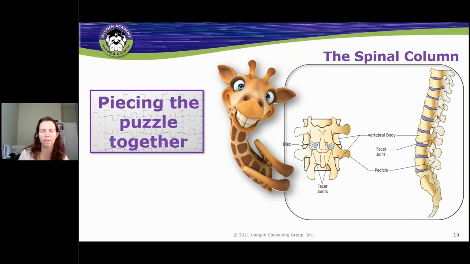So, piecing together the puzzle. This slide shows how individual vertebral segments fit together with the spinal cord and nerve roots like a puzzle. It's really perfectly designed. If one vertebral segment is out of place or has excessive bone growth or the discs degenerate, so there is loss of disc height, the result is impingement of the spinal cord or nerve roots where they pass through the neuroforamen.